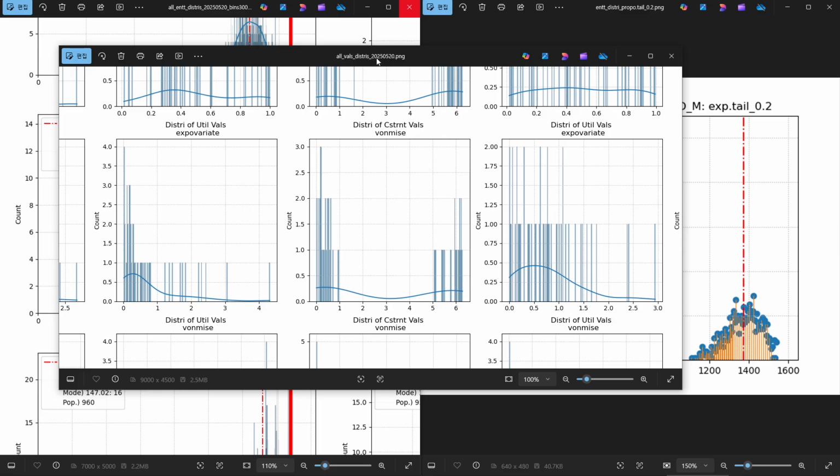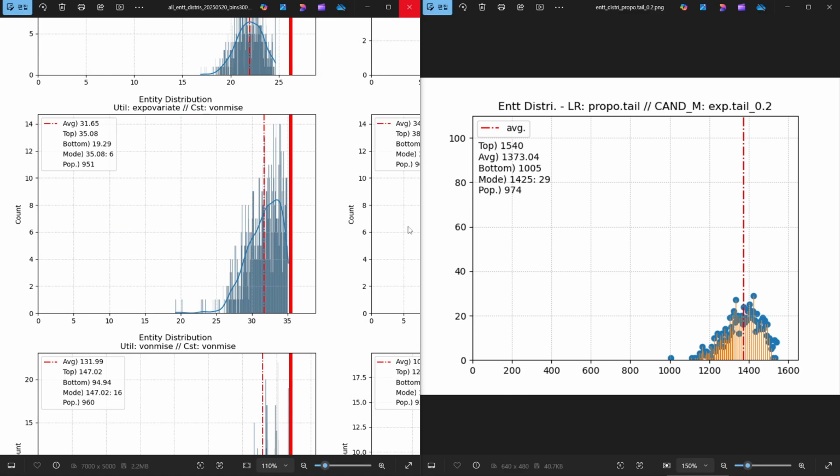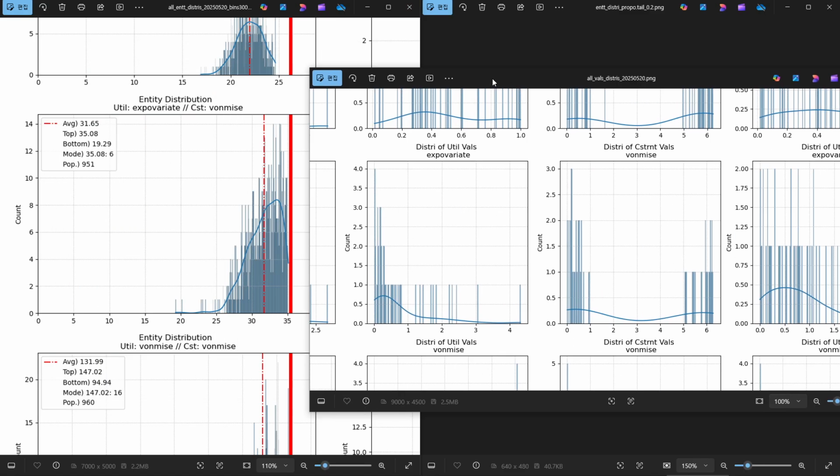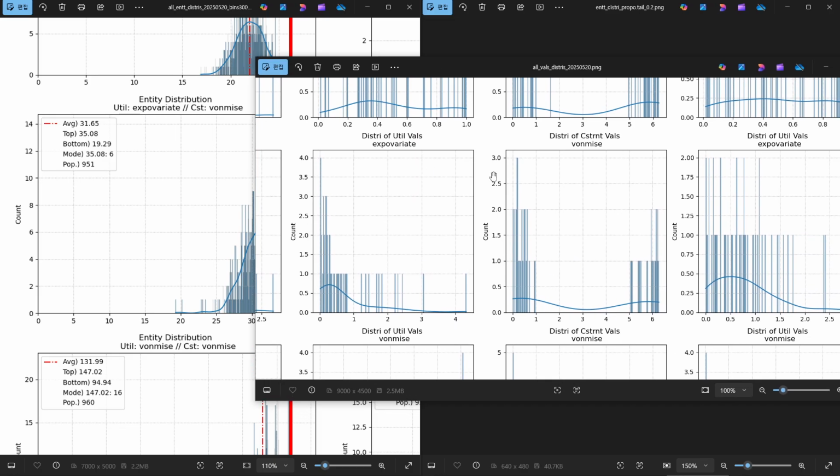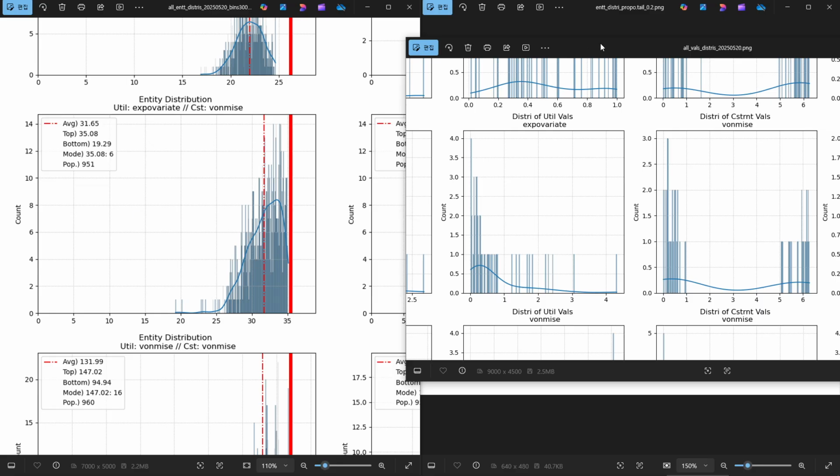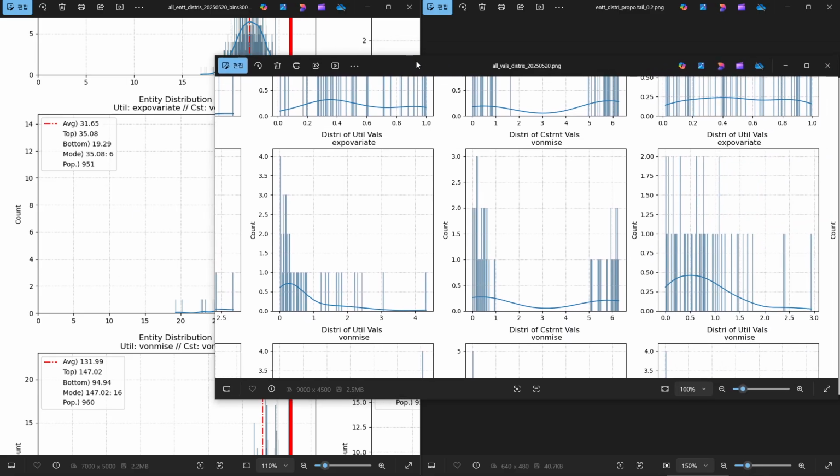So from this came this. From this came this. See, this is not evenly distributed or normally distributed values. This is not what normally distributed values look like.